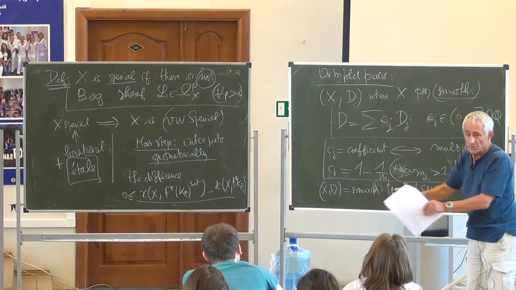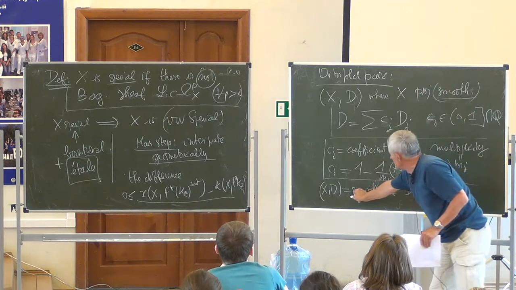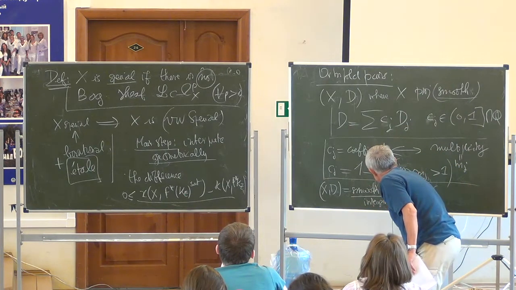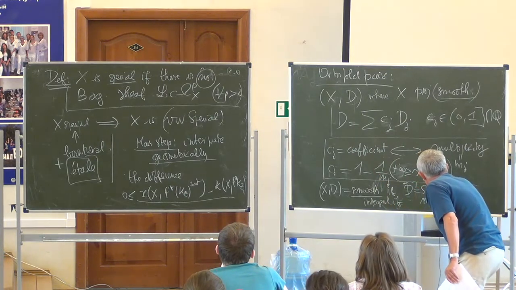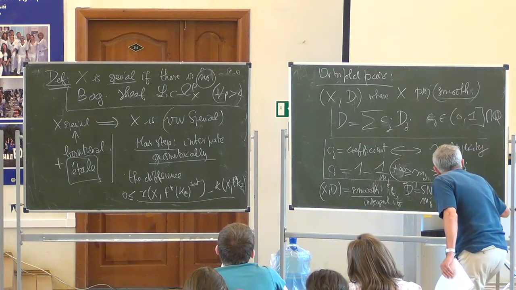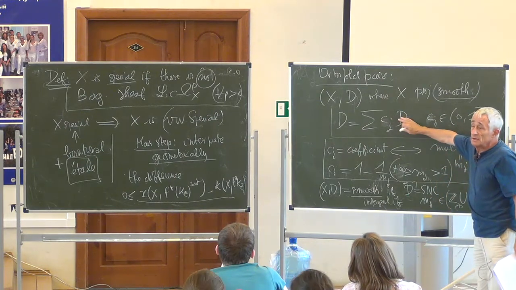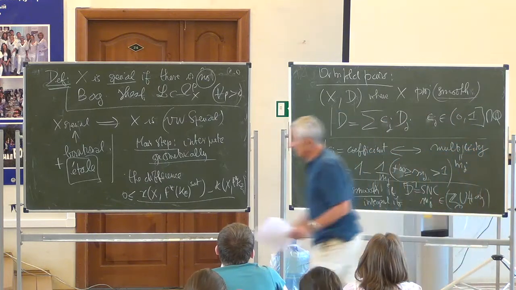This is the union of all the D_j, and this is SNC. And we say that this is integral if the multiplicities m_j belong to the positive integers union plus infinity. So all coefficients are either integral or plus infinity.